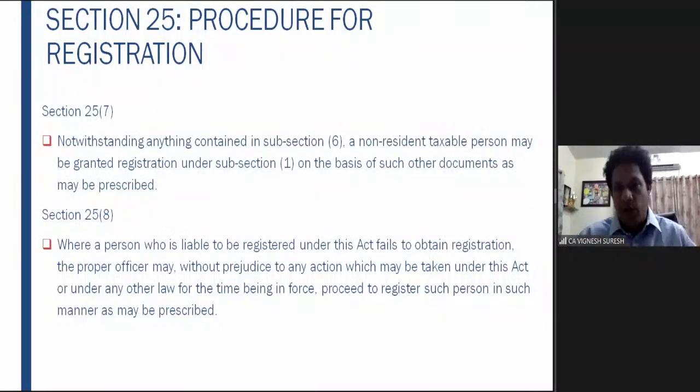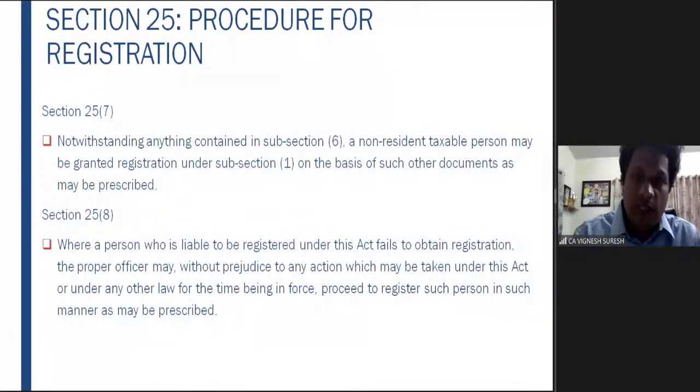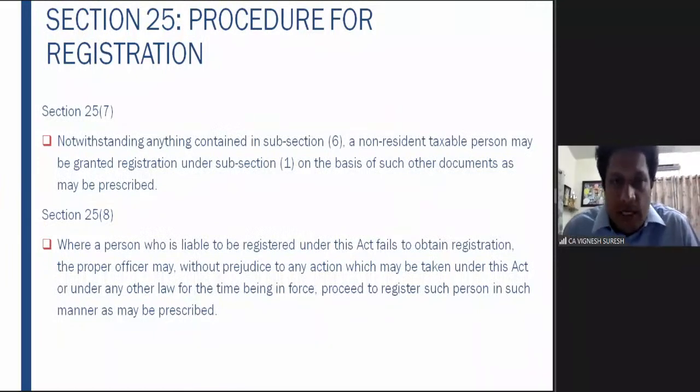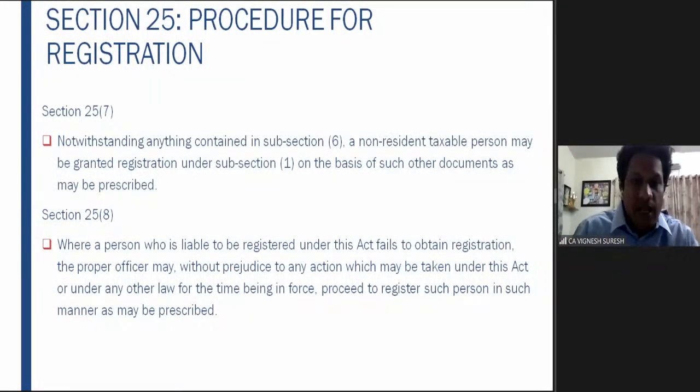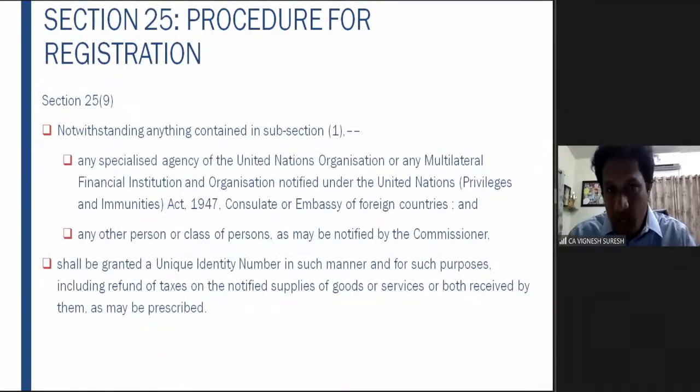So if you are liable to be registered, that is, your turnover is crossing the threshold limit or you are covered in section 24 in case of compulsory registration, and you have not got yourself registered, the proper officer may himself proceed and get you registered under the CGST Act in the manner as may be prescribed. That is your 25 subsection 8. In case registration is not done, the power is there with the proper officer to get the registration done.